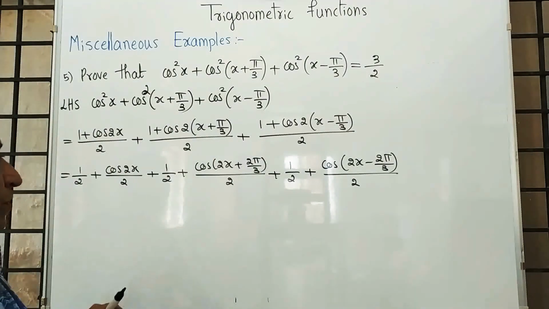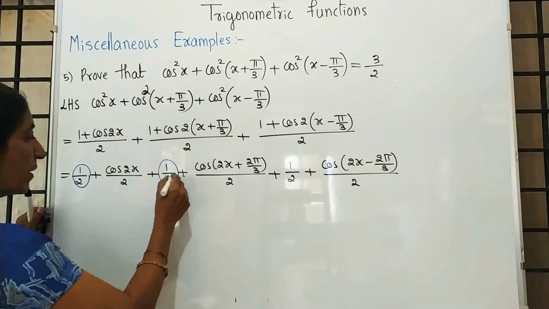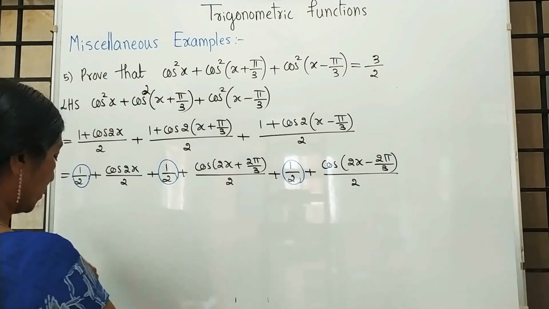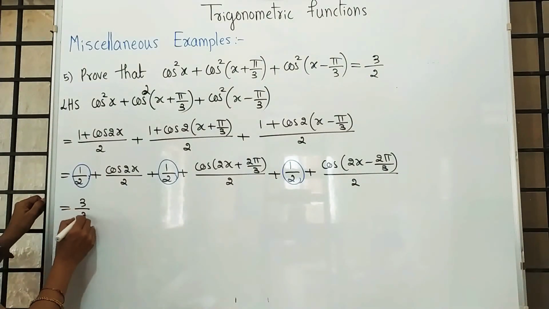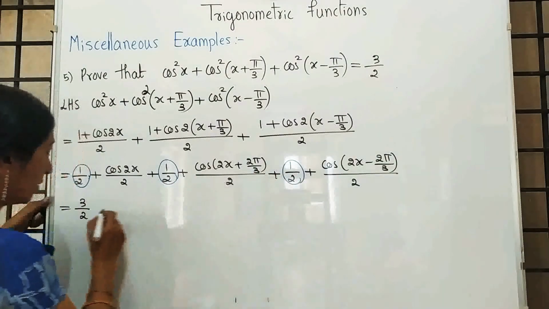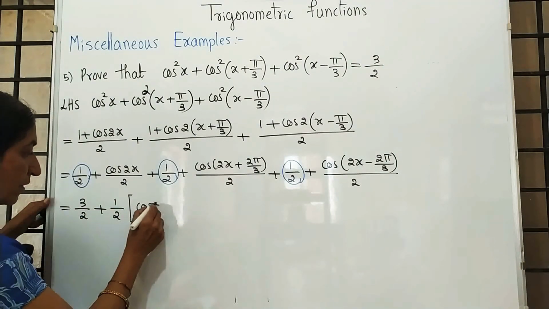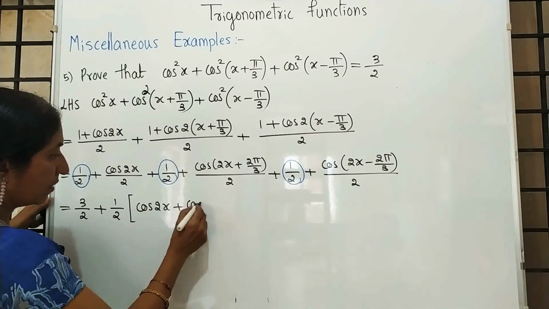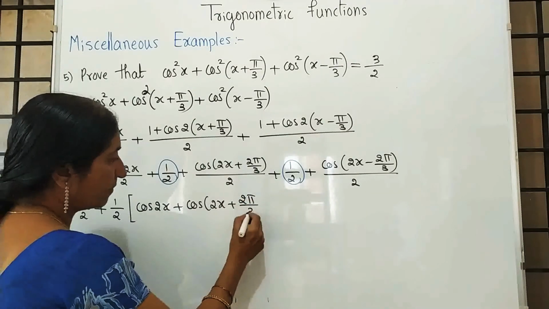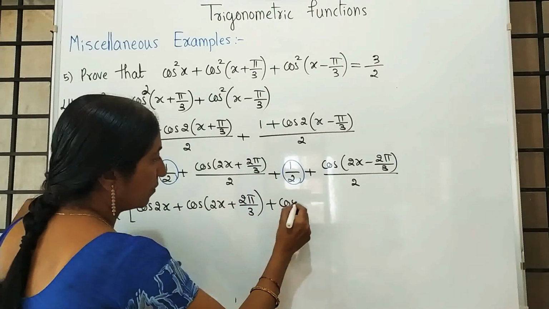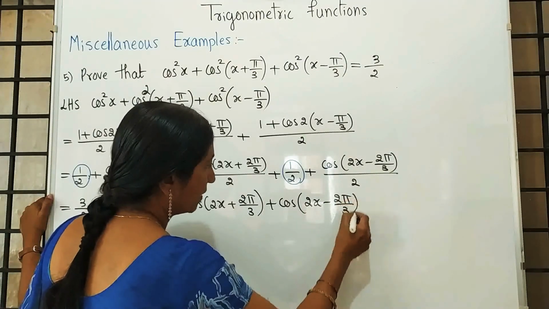What you are observing here, this 1 by 2, this 1 by 2 and this 1 by 2 becomes 1 by 2 plus 1 by 2 plus 1 by 2, which is 3 by 2. And for the remaining 3 terms, 1 by 2 common in the bracket: cos 2x plus cos 2x plus 2 pi by 3 plus cos 2x minus 2 pi by 3.